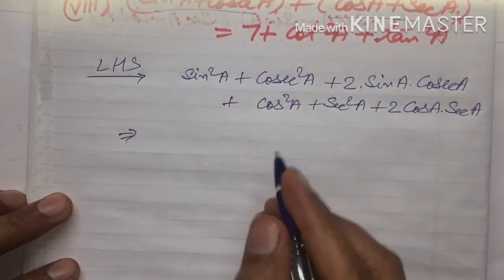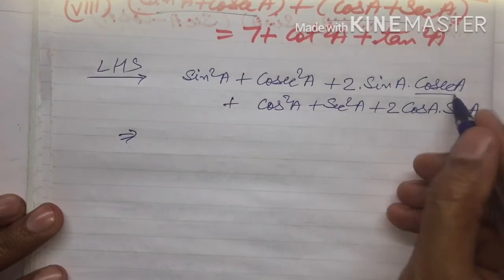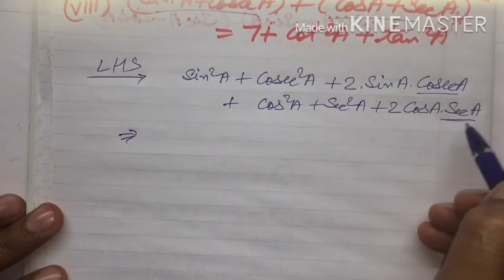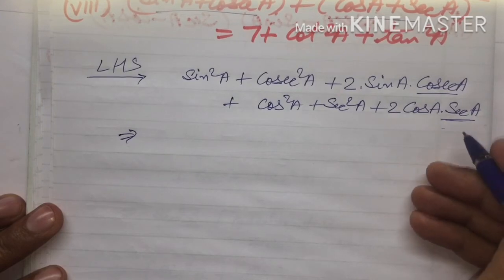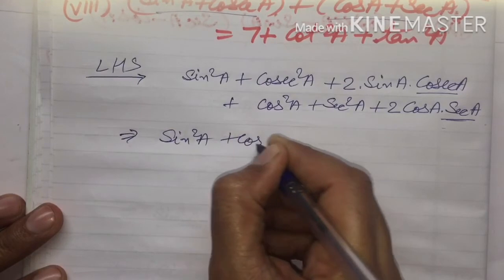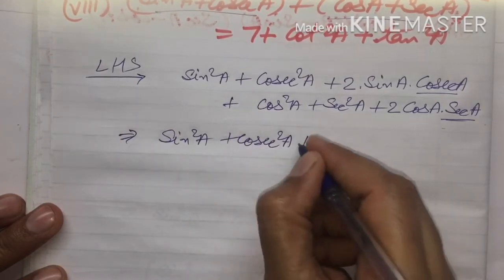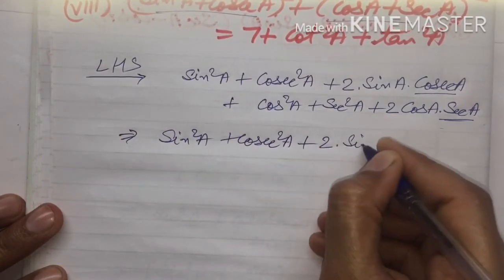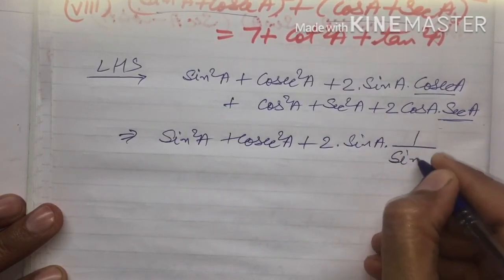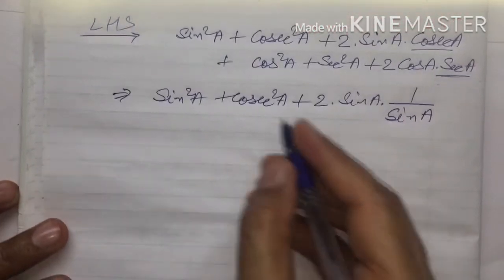In the next step we change cosecant into sin because it is the reciprocal of sin, and secant into cos because secant is the reciprocal of cos. So it will be sin square a plus cosecant square a plus 2 into sin a, and cosecant we can write as 1 upon sin.